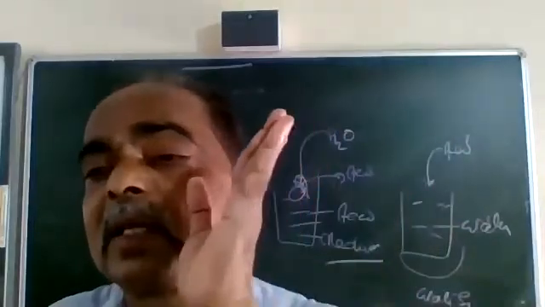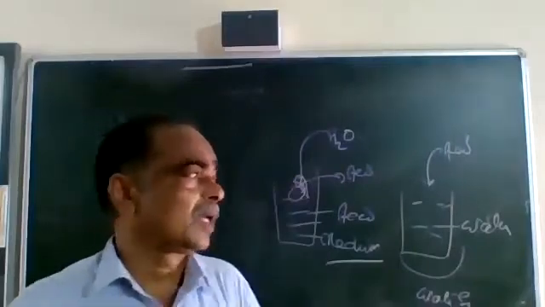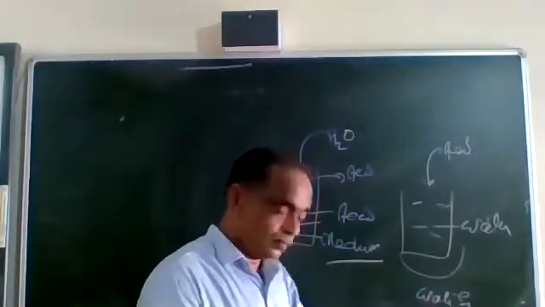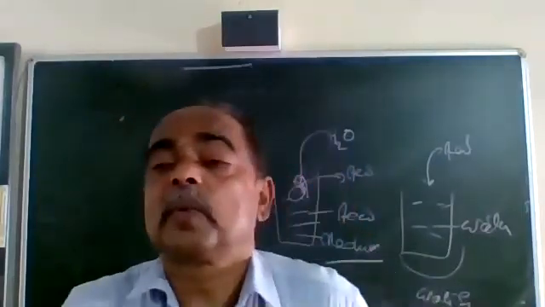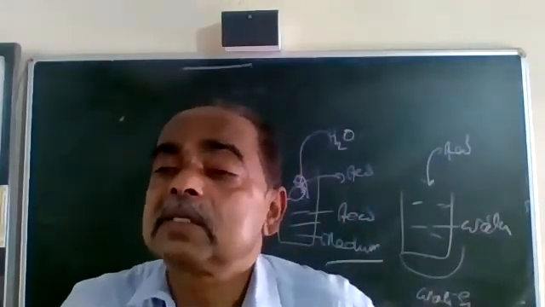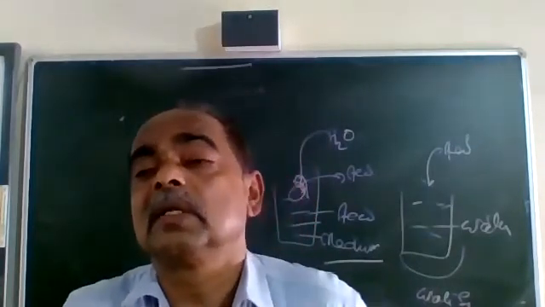Now coming back to the chemical properties. Write down chemical properties. First property we have studied: when acids react with certain metals, hydrogen gas is released.